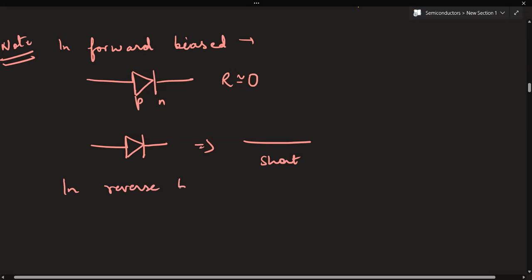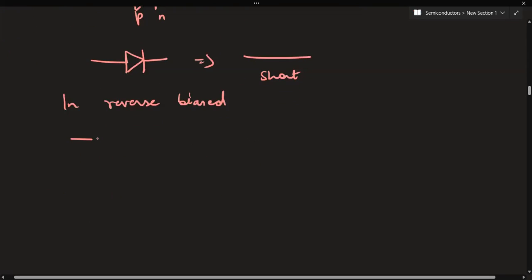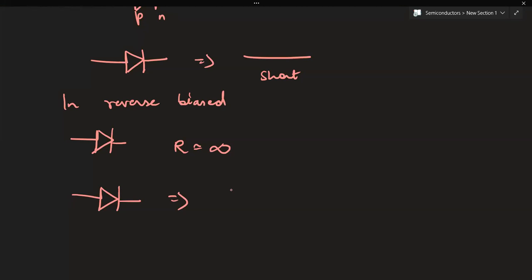In case of reverse bias, just opposite to it. In case of reverse bias, the resistance will be very large, means approximately equal to infinity. Then what kind of circuit will this be, if there's so much resistance? If this is short, then this will be what?